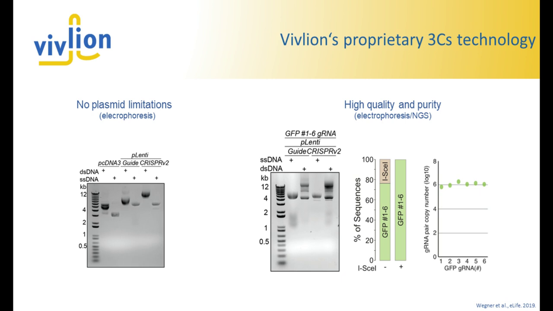Around 80% of the clones were correct, while roughly 20% contained the wild-type sequence of our template plasmid. So we went a step back and introduced a dummy gRNA sequence encoding an ISC1 restriction enzyme site to get rid of any remaining wild-type remnants in our pool.